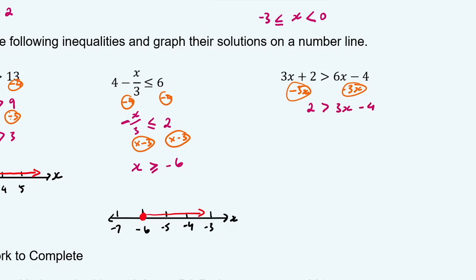And then I'm going to add 4. You can see that I'm just going through the exact same process as before, using my opposite operations.